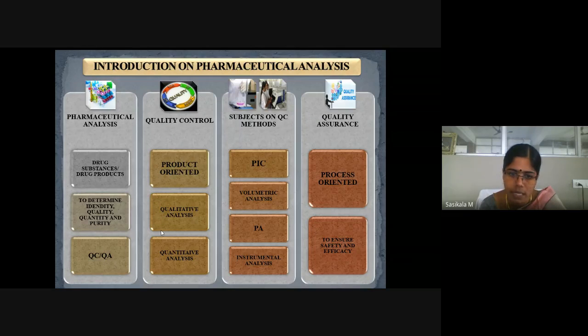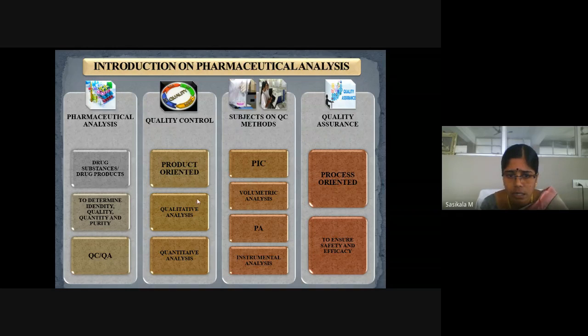So in both qualitative and quantitative analysis, we look at physical and chemical properties: whether the drug is solid, liquid, or gas, and chemical properties, whether it belongs to some acid category or alcohol category, amines or aromatic, aliphatic, what type of chemical nature it has. Accordingly, taking that into consideration, we'll be analyzing drug substances or drug products by qualitative and quantitative analysis.